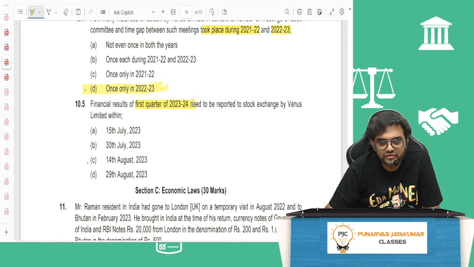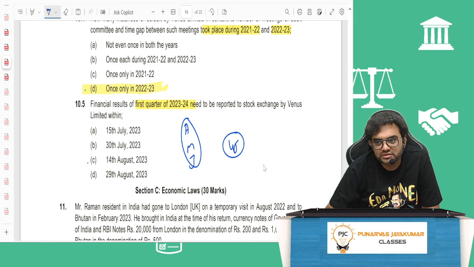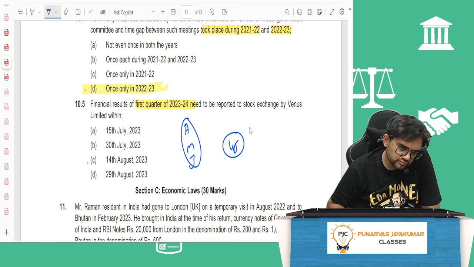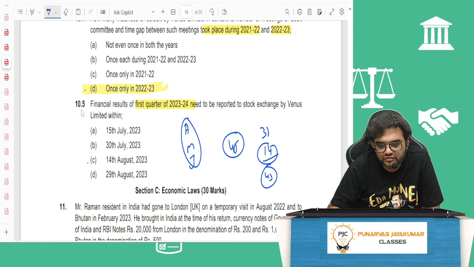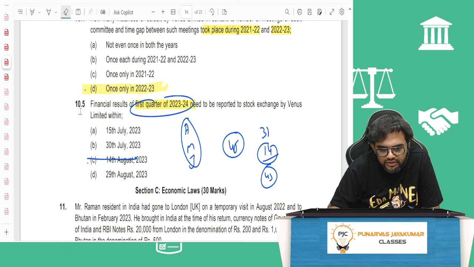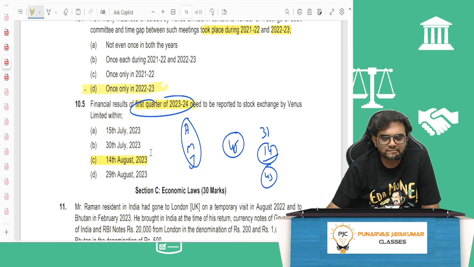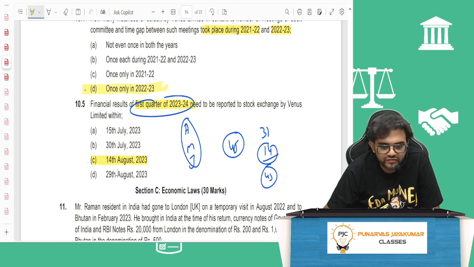First quarter, 45 days. The first quarter will be April, May, June. 45 days. You have July 31 days and 14 days in August. Overall 45 days. So first quarter you should do it within 14th August. Before Independence Day you should do. Done. Very simple.